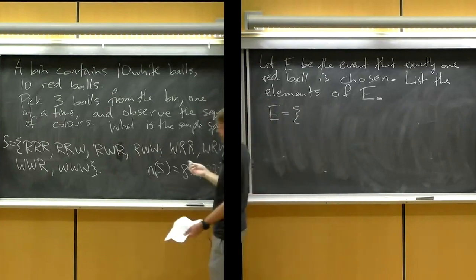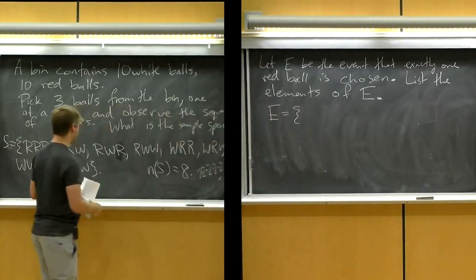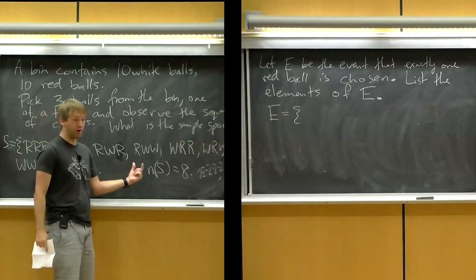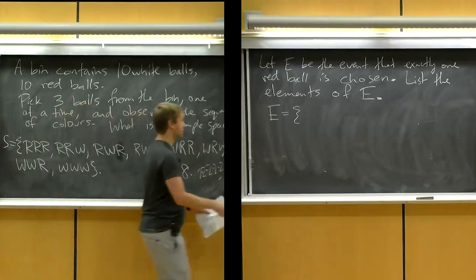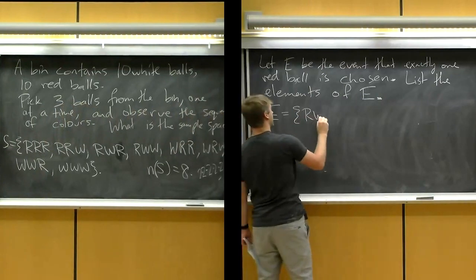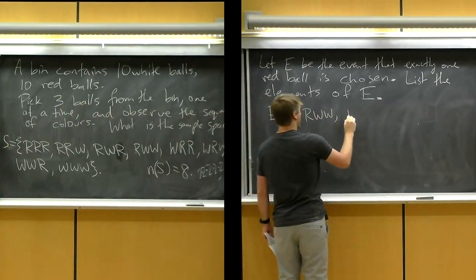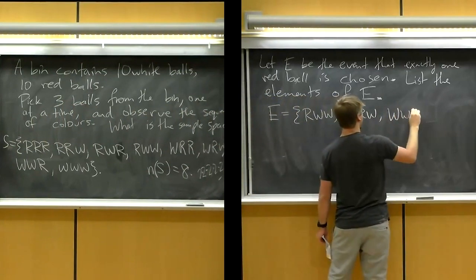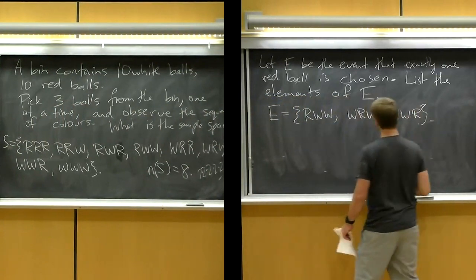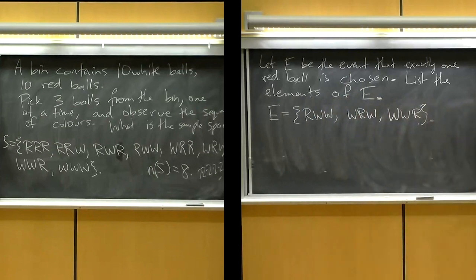Basically, you can just go through your sample space and pick out the ones that have the property. So this one has exactly one red ball: RWW. It could be WRW or WWR.